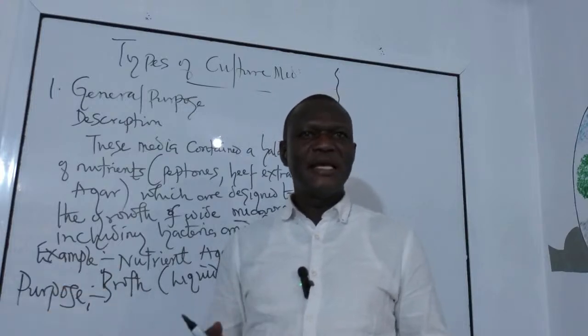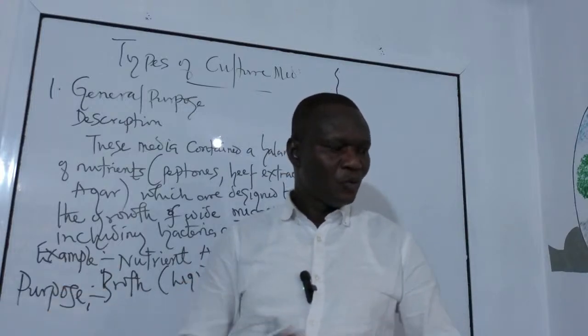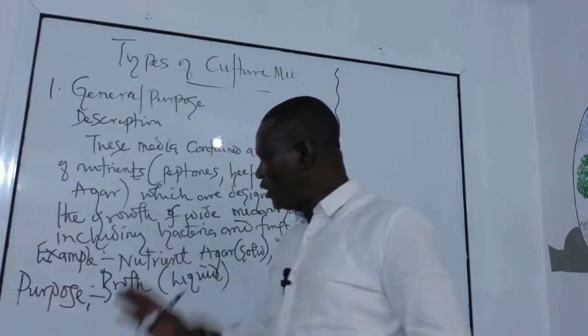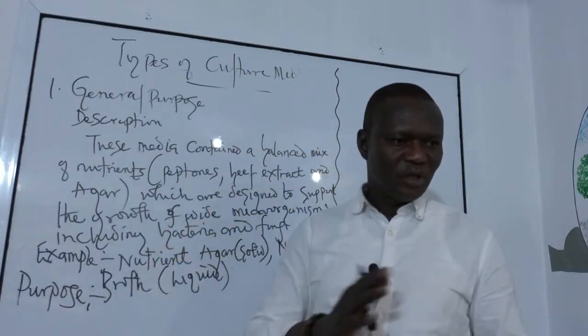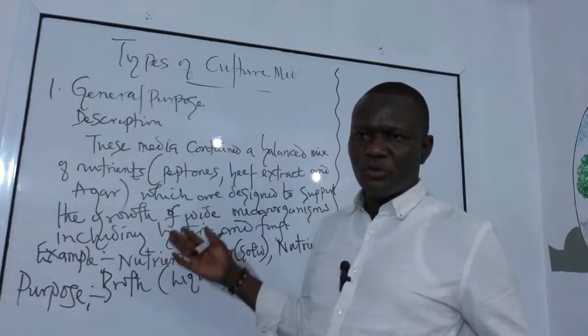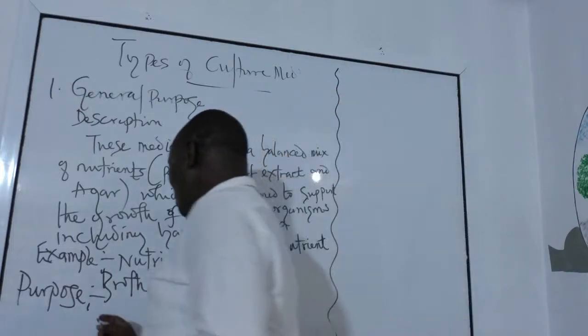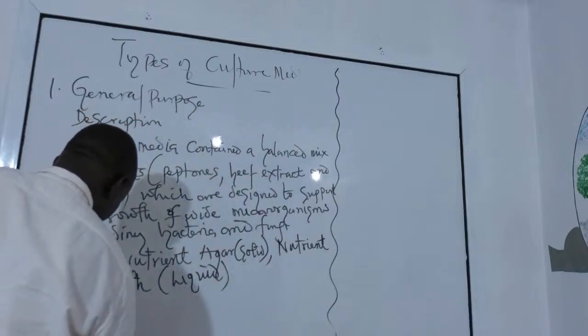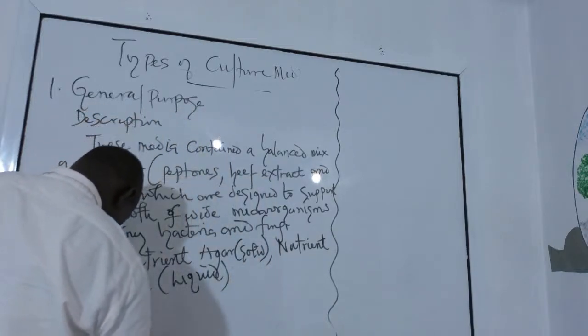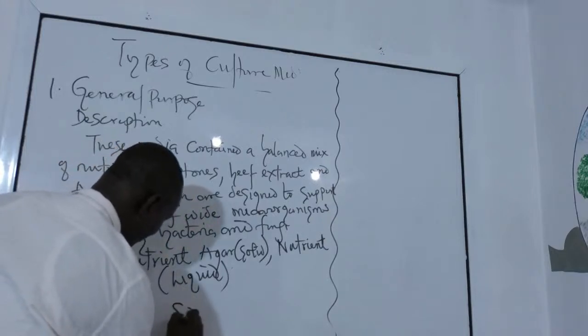We don't want anything that is going to be complex. So what we need is simplicity. You just want to grow microorganisms. What you use is a nutrient agar. That is why it is that. So number one, it is broad spectrum.